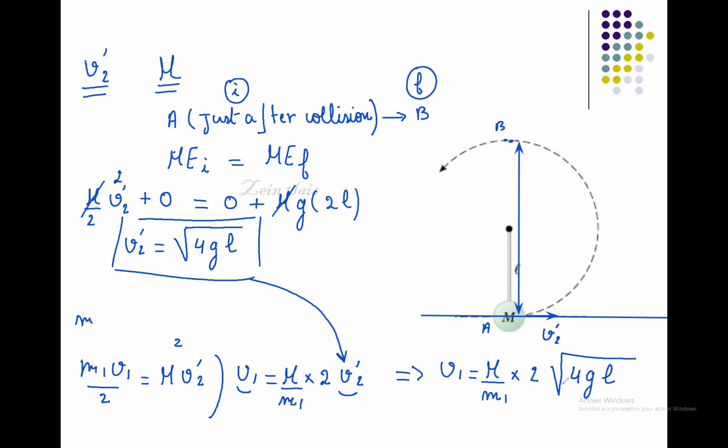We can do some simplification. Anyway, this is the value of V1 in order to have zero velocity at the maximum point. If we increase V1, the velocity at this point will be increased.